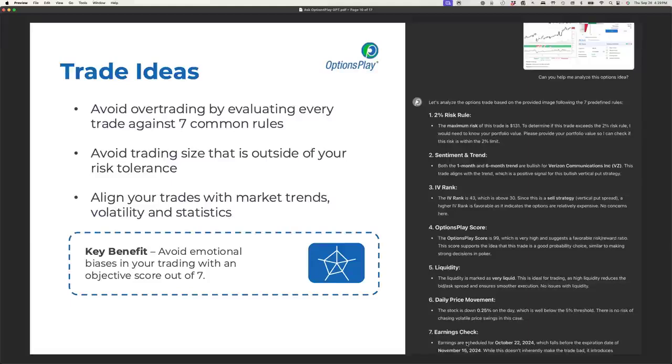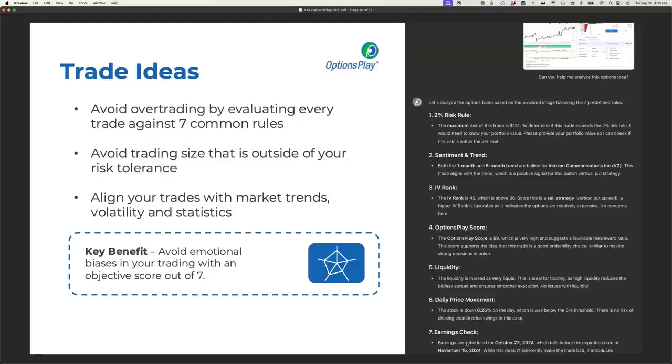Now, you don't have to have a score of 7 every single time you place a trade, but you should at least be aware of, out of a checklist of 7 things, how many of them have you checked off, right? And generally speaking, you want to have a more consistent review of every single trade before you place a trade, so that you can have a more consistent result with your trading, right? And then at least you can perhaps look back sometimes.